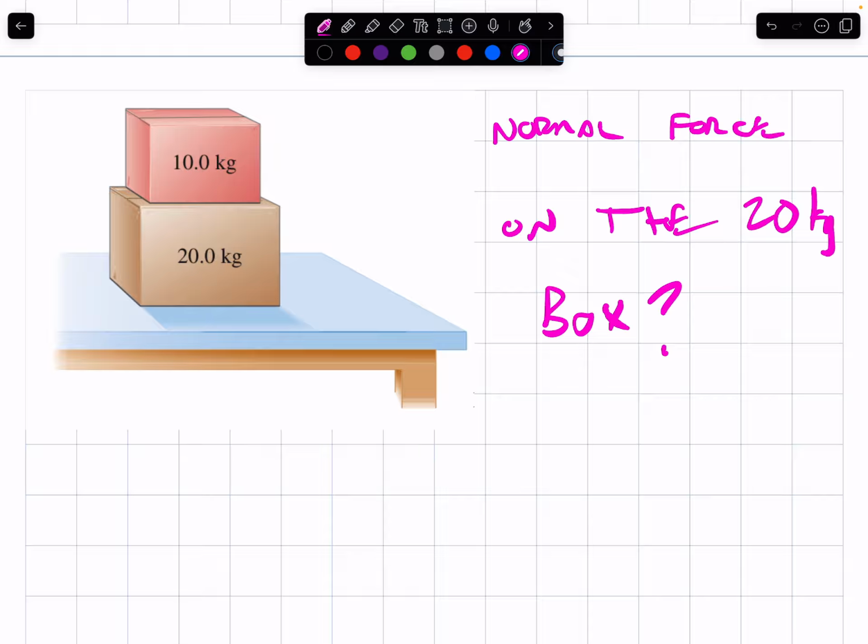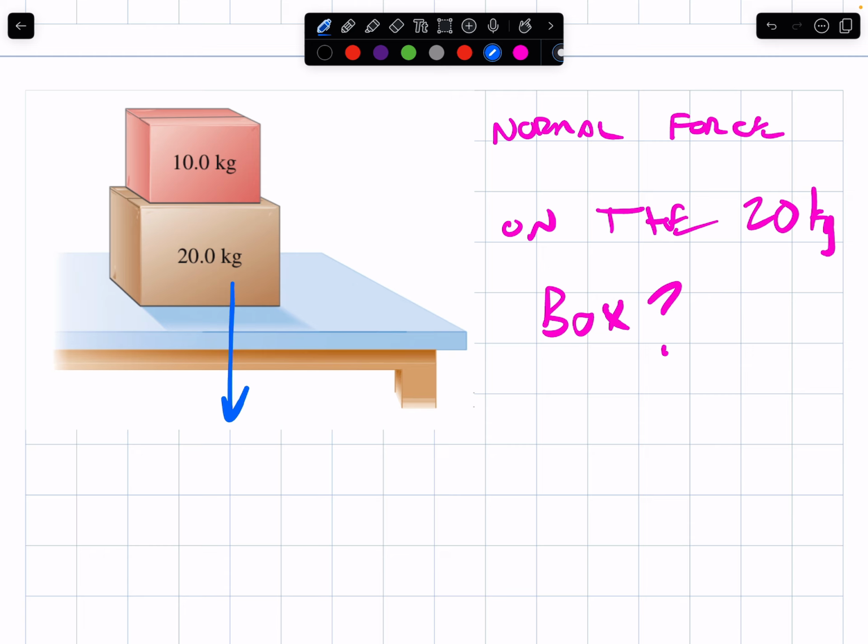Well, I'm going to make a free body diagram of that 20 kilogram block. I'm going to draw all the forces acting on it and just represent those with some little arrows. So we've got, well, how about the weight of this 20 kilogram box? That's equal to mg.